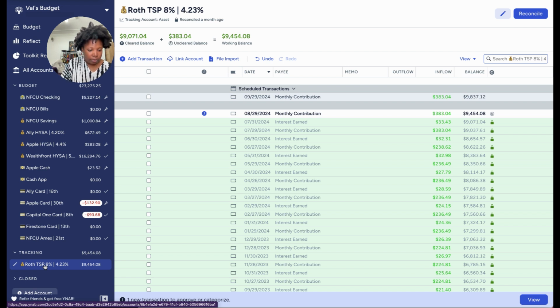All right, so let's copy this. All right, now I'm signed in, and now I can verify the monthly contribution, which should be the same because my pay hasn't changed.